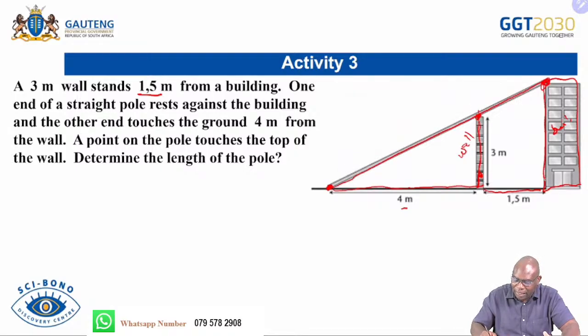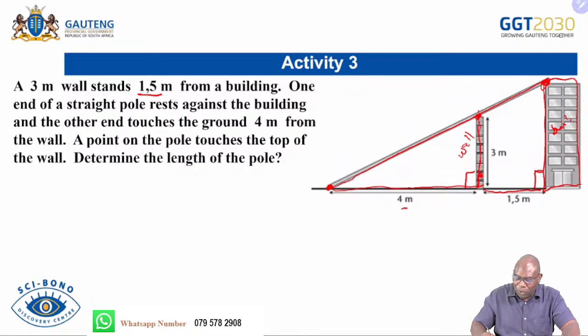And remember, this wall will always be perpendicular to the ground. There's no way that wall will be standing at a certain angle, but it will always be perpendicular to the ground if it has to stand like that. So that wall also will be perpendicular to the ground. Now, what do I know?